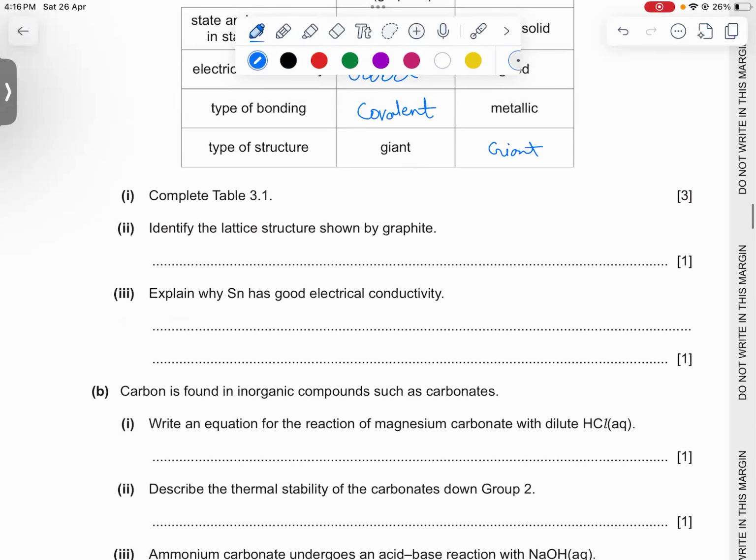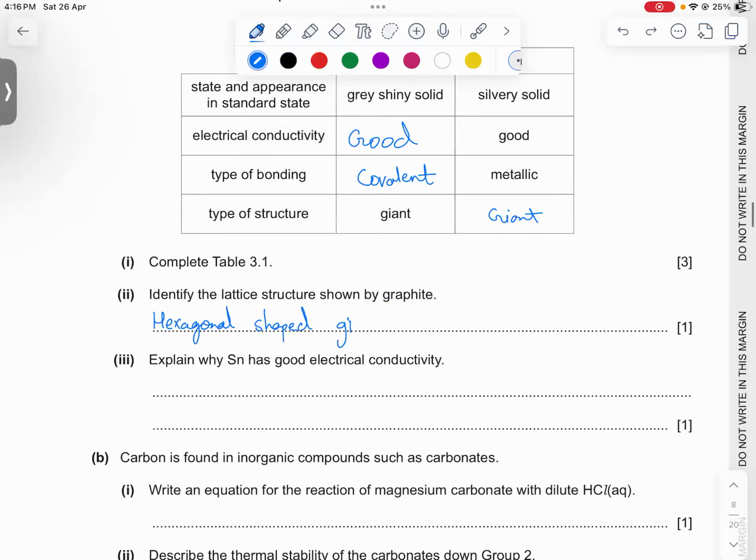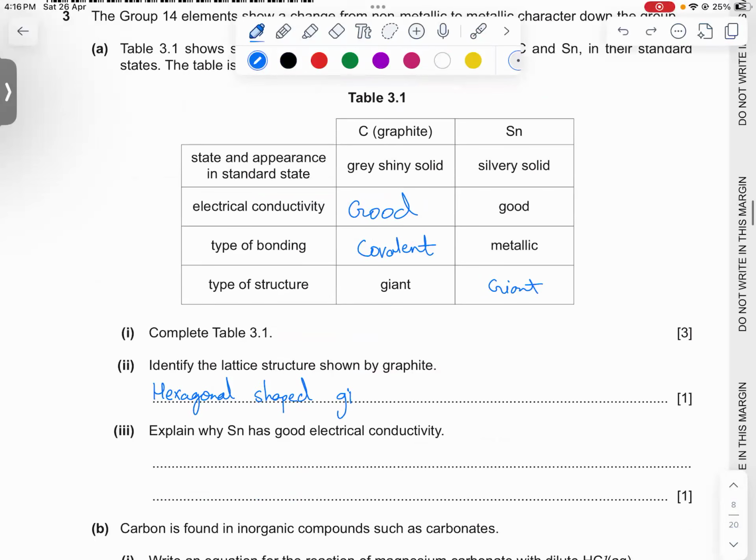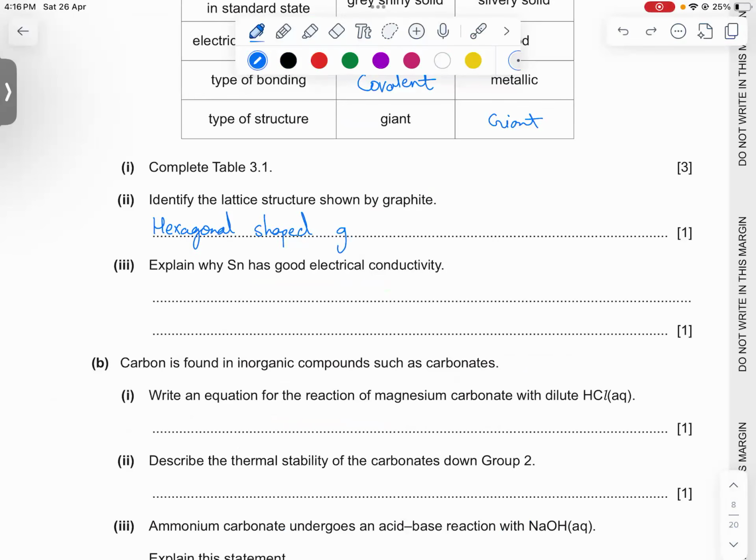So we will say hexagonal shaped giant. I mean, haven't they just told us over here though? Why have they asked us this question? This is why it makes it confusing. Hexagonal shaped giant covalent.